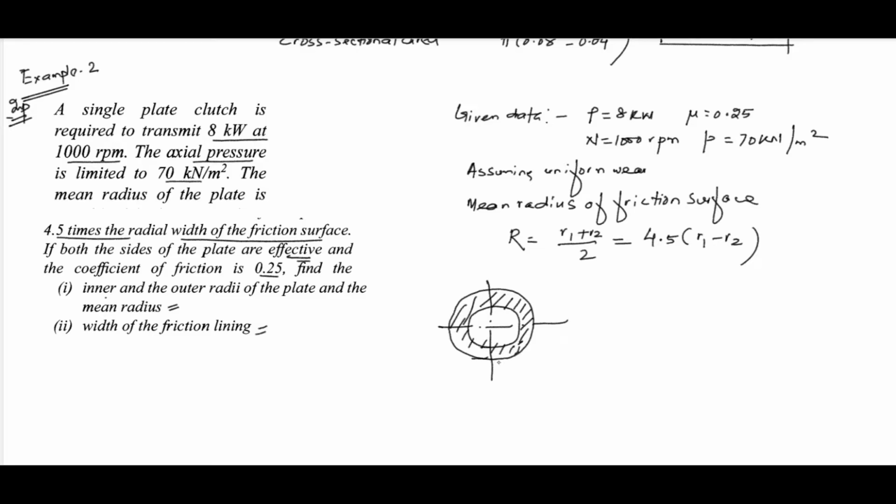Okay, if you see from the side view, and this up to this is your R1 and this is your R2. So if you go radially, so this distance will be R1 minus R2. So mean radius, that is R1 plus R2 by 2, is 4.5 times of R1 minus R2.